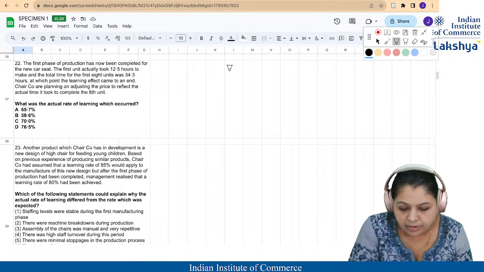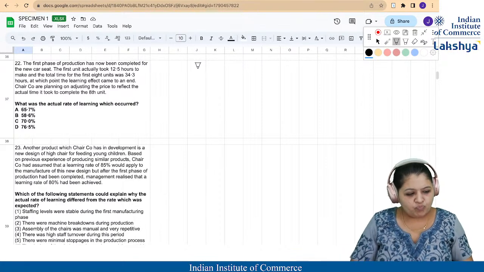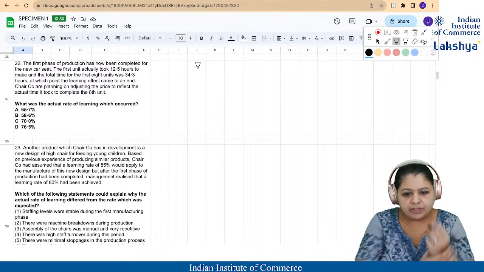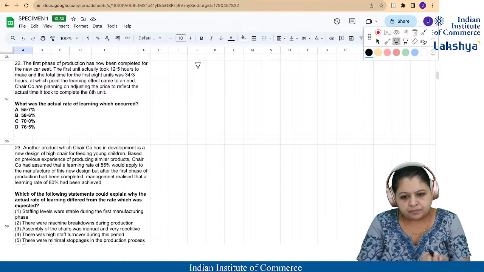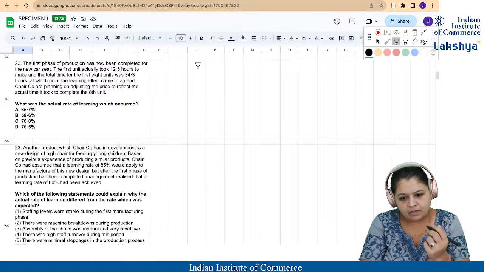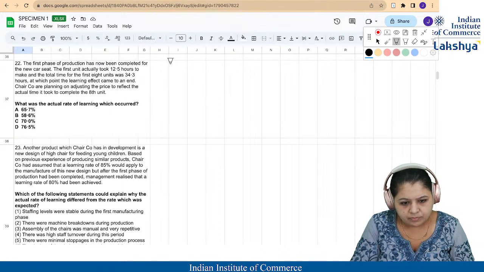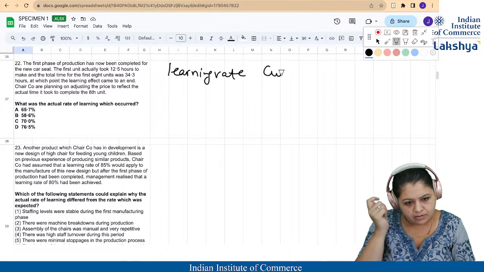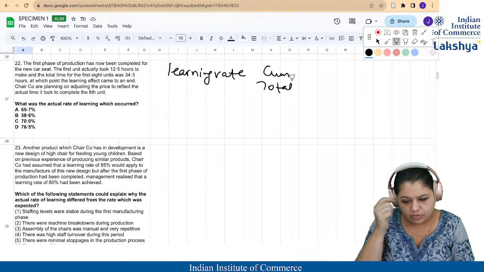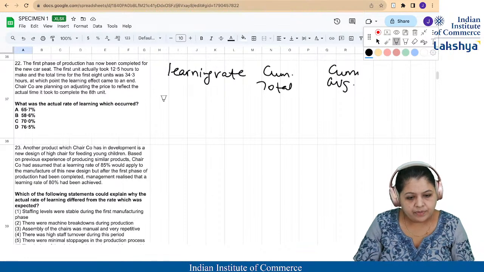Right? So here, if you see, we have got certain things. Here we have our learning rate curve, learning rate, cumulative total, and cumulative average, right?